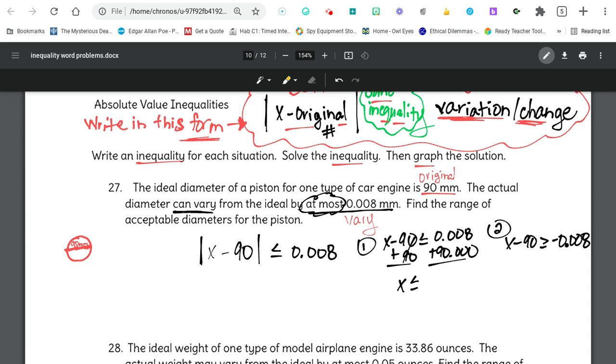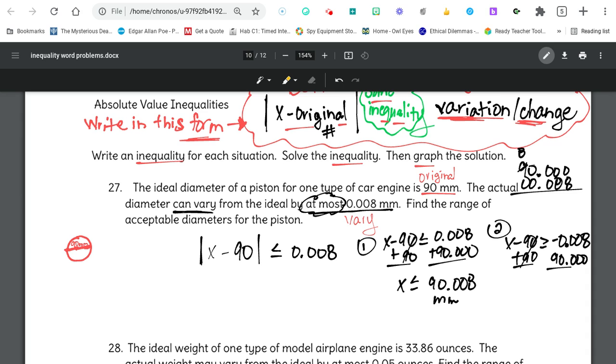So x can be less than or equal to 90 and 8 thousandths millimeters. Or if you add 90 to both sides here, and I'm going to show all the math. So I have 90. There's my decimal. Add my 3 zeros. That number goes on top. And I'm going to regroup.